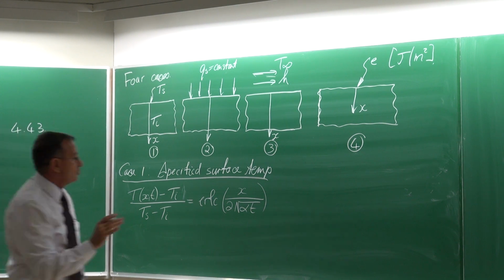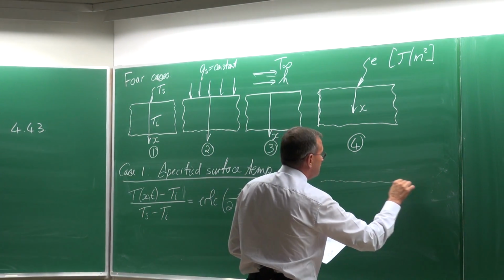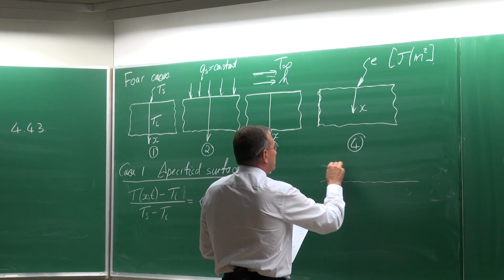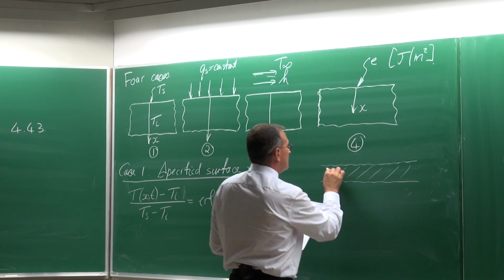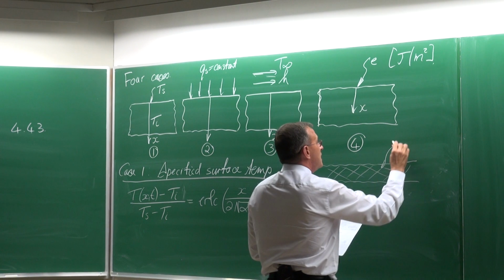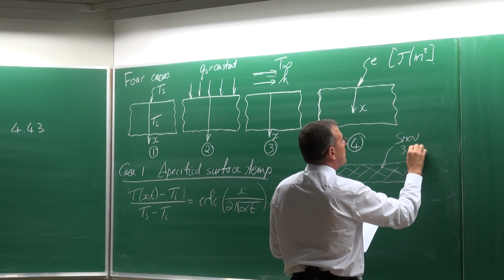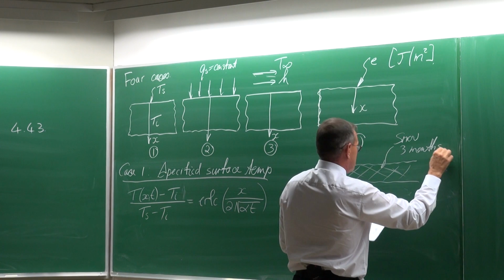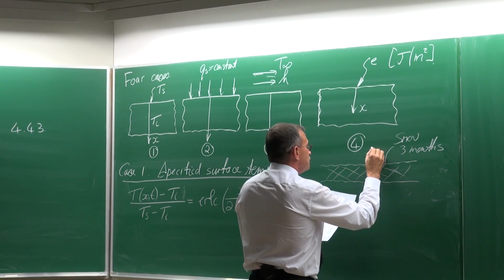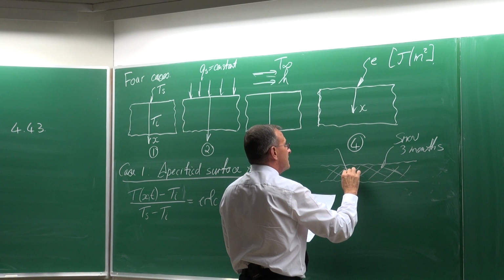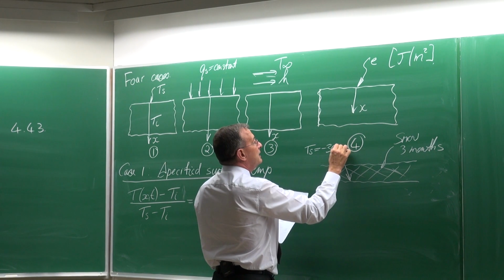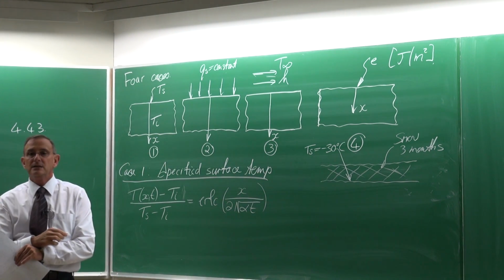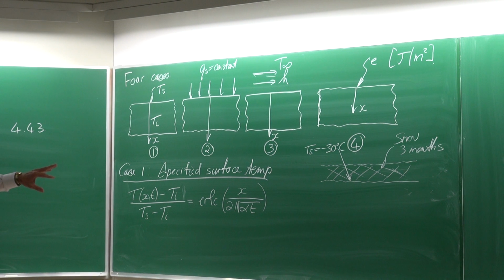And the problem that we're going to consider is the Earth, and on it we've got snow. Here's the snow. And the snow is going to be there for 3 months. And the temperature is going to be minus 30 degrees Celsius. So the surface temperature underneath the snow is minus 30 degrees Celsius. So this is typically in Siberia, not in South Africa.